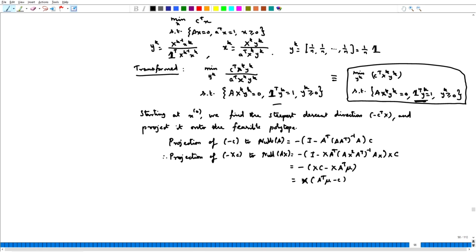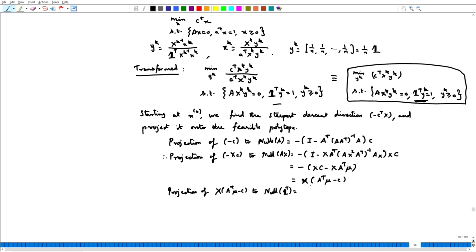So, consider this as a matrix. Now, the projection of x into A transpose mu minus c to null of 1 transpose. So, this is the matrix whose null space we are projecting this onto, right.